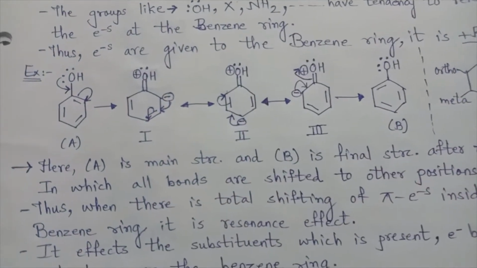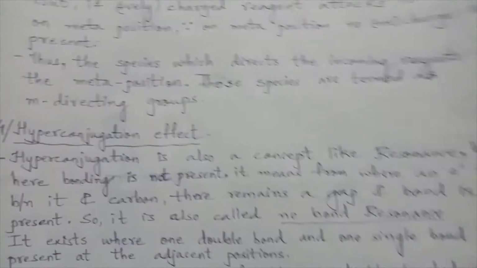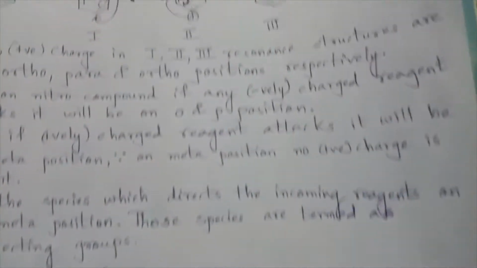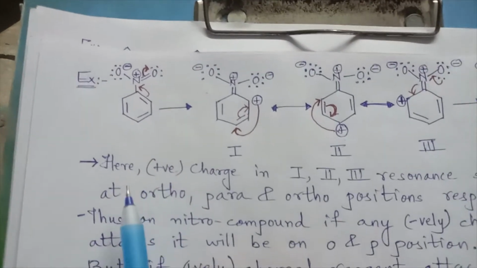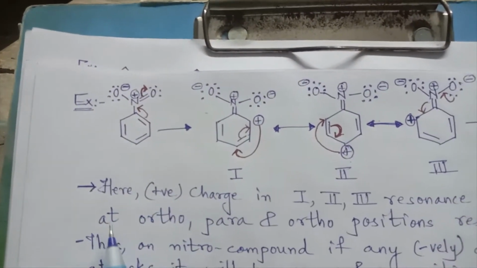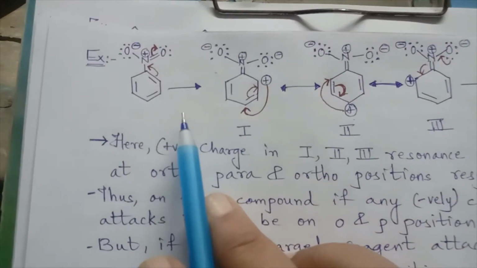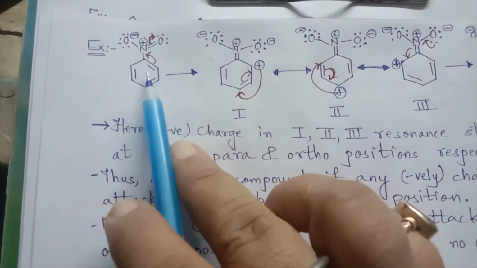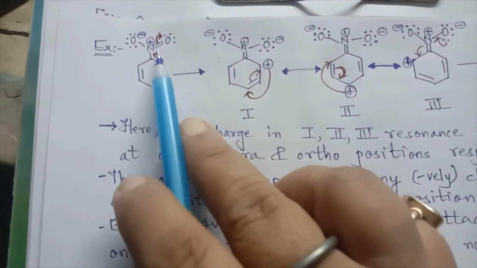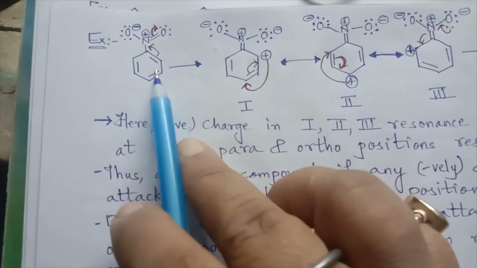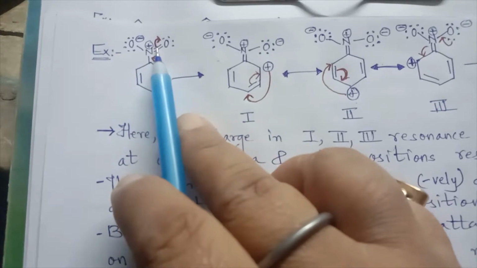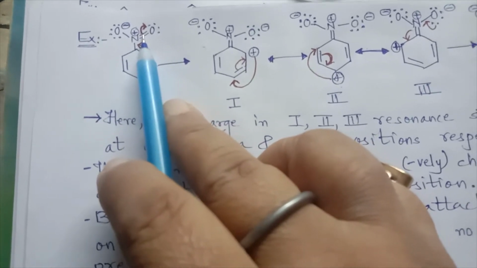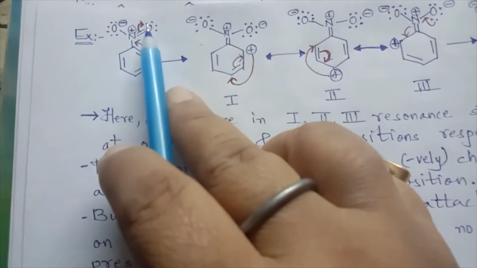Now in the minus R effect, electrons are taken away from the benzene ring. I have recalled the plus R effect first, and now see here it is the nitro group, nitrobenzene. The benzene ring has the nitro group attached to it. See here the bond is breaking and the pair of electrons is given to the oxygen.